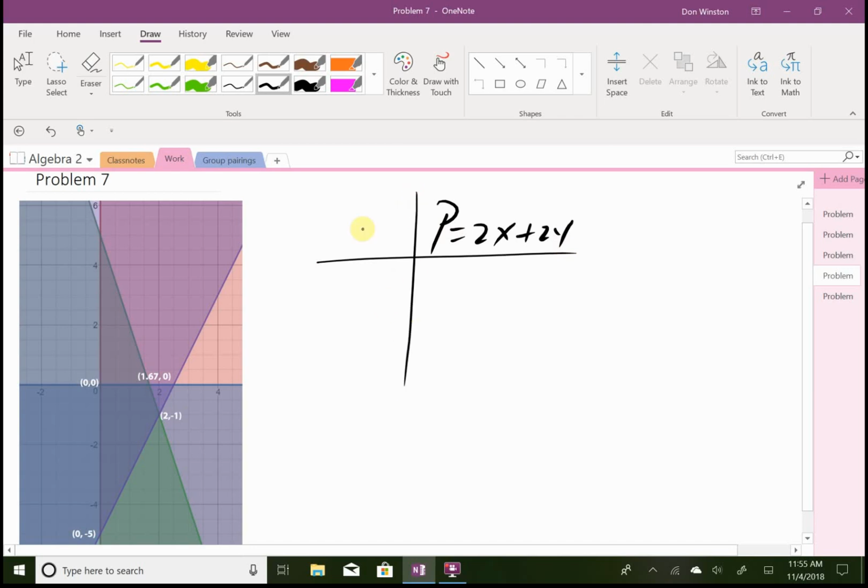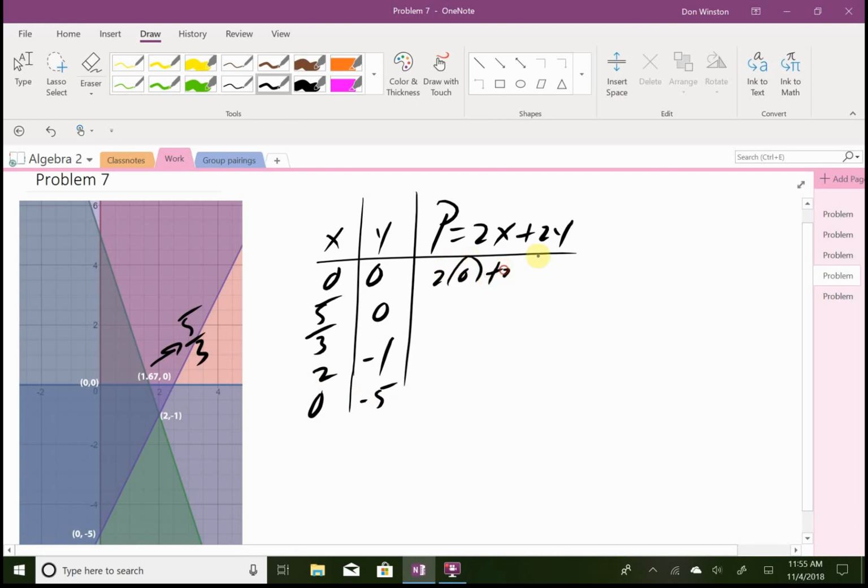Okay, so we have to list our corner points. Again, 0, 0. Then 5/3, 0. Then 2, negative 1. And then finally 0, negative 5. So 2 times 0 plus 2 times 0, that's 0.